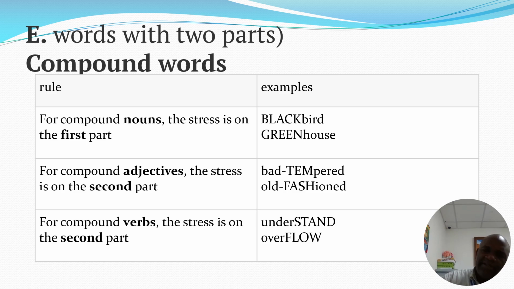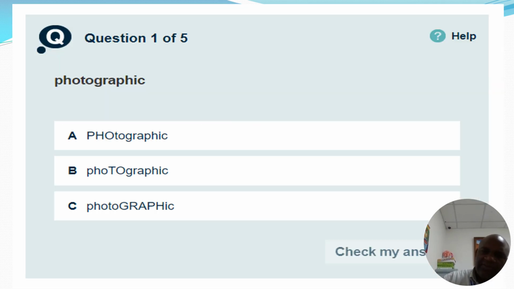Compound, there are two words, stand, and here, overflow. We have here many exercises in order to identify the knowledge; you can get it in the explanations about the topic of phonetic transcription. Thank you and goodbye.